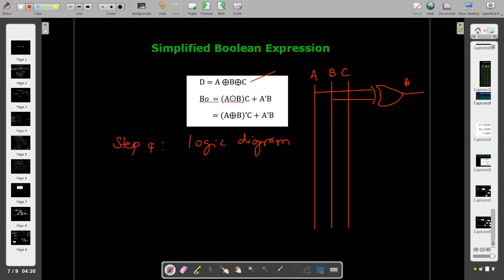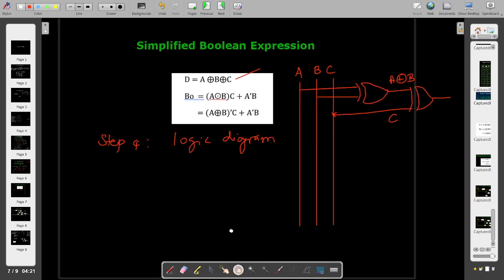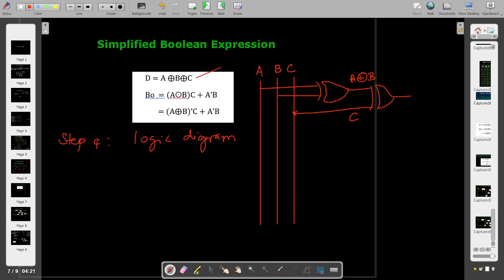So what is this? A exclusive OR with B. Then again I'm taking the connection from here C. So this is C. Then again it is given to another exclusive OR gate. So now you get the output. That output is A exclusive OR B again exclusive OR with C. So this is your D output.